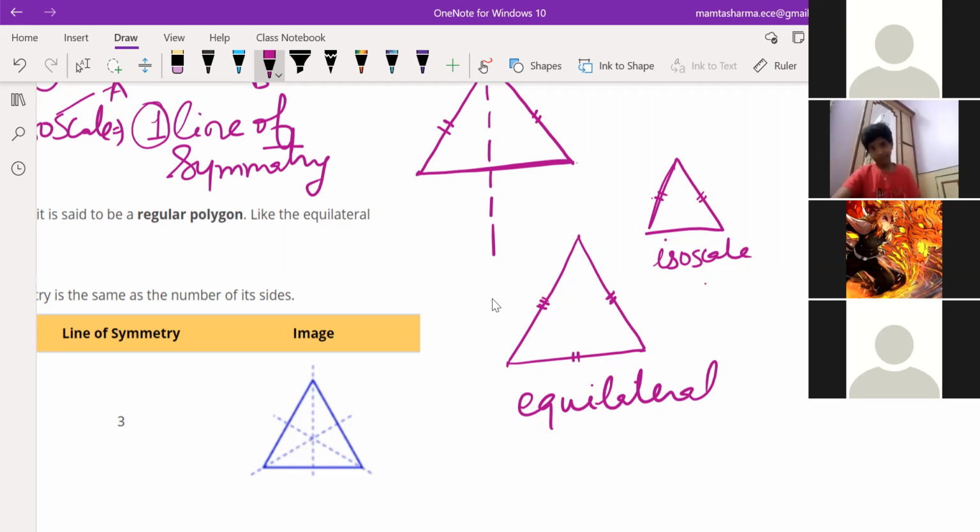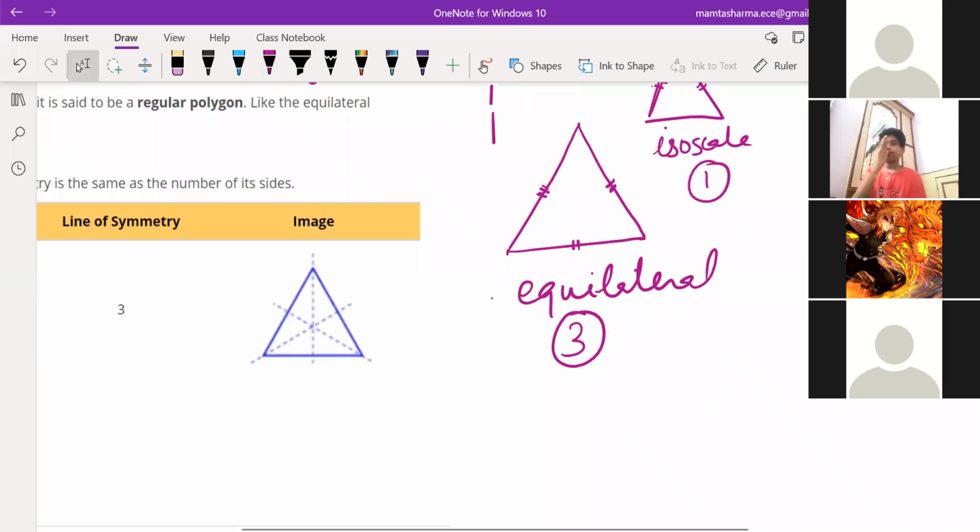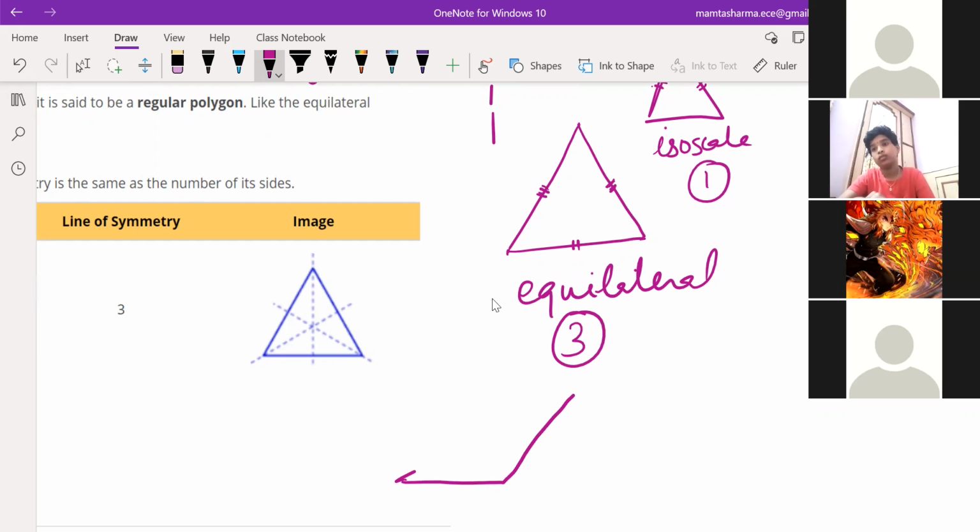For the isosceles, only one line of symmetry. For an equilateral triangle, 3 lines of symmetry. Clear? And if I say there is a scalene triangle, what is the difference between the scalene triangle and equilateral and isosceles? How is this scalene triangle different from the other triangles?